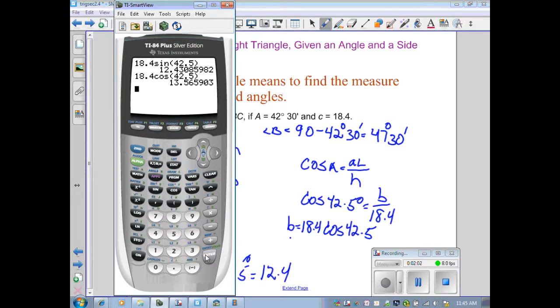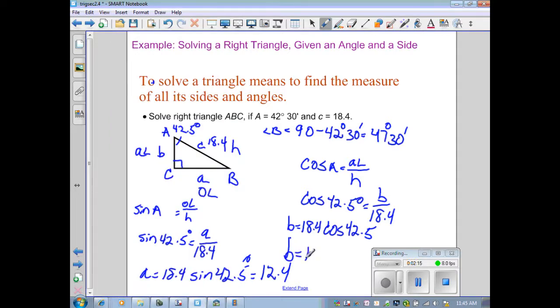And my solution is 13.5659. When I round that to the nearest tenth, because my other sides are to the nearest tenth, that'll give me 13.6. So B is 13.6. And that solves for all the measures in this triangle.